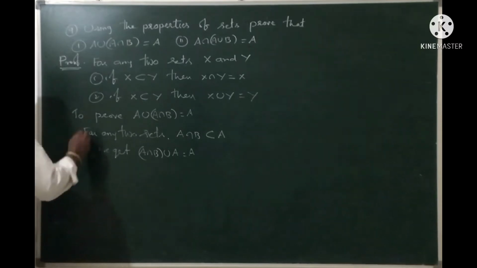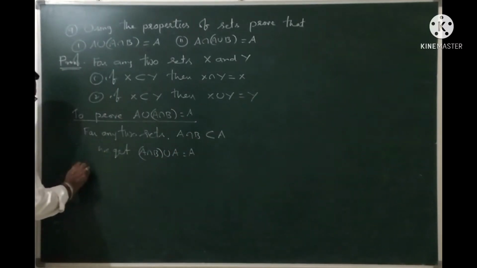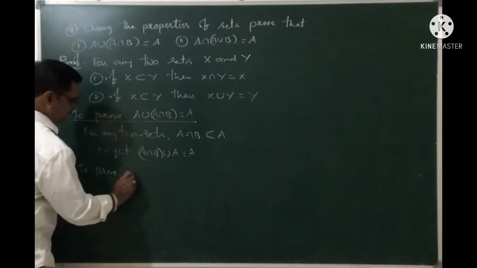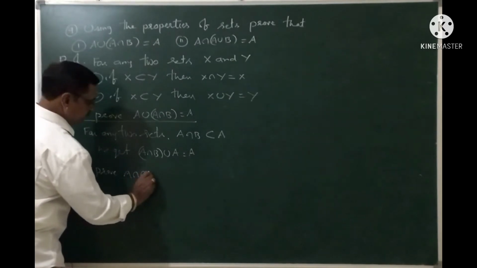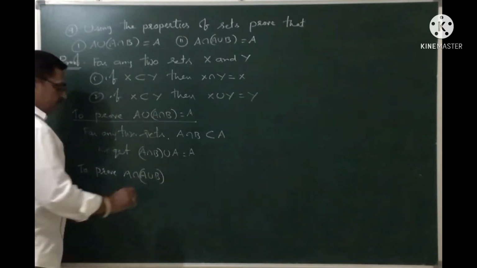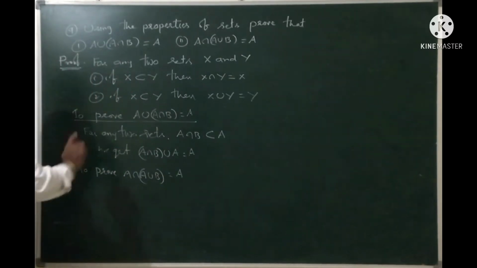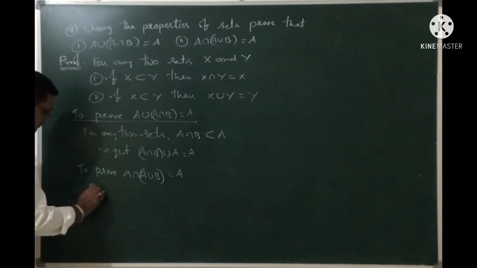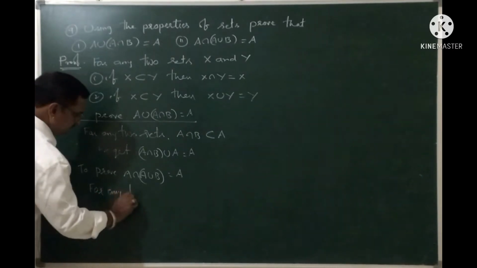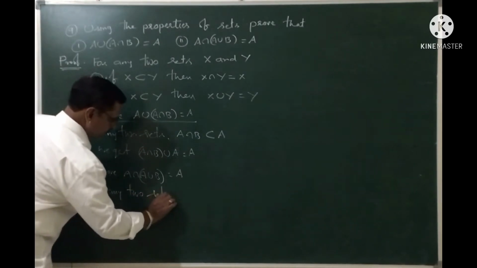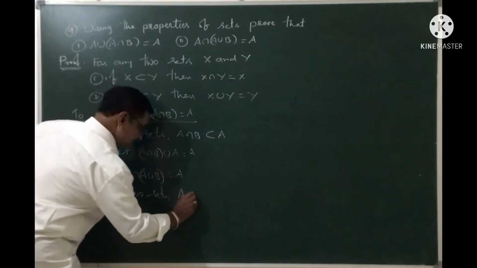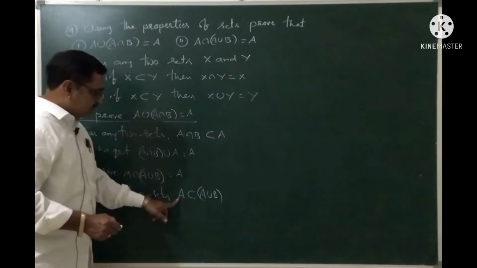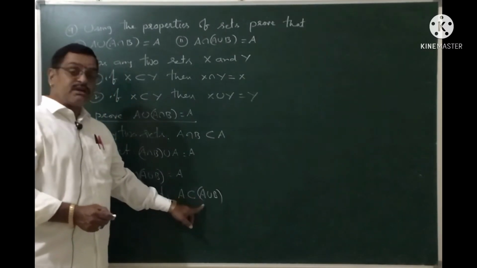Similarly, for the second one, to prove A intersection A union B is equal to A. Now look here, for any two sets, A is a subset of A union B. So in this case, A is the subset and A union B is the superset.